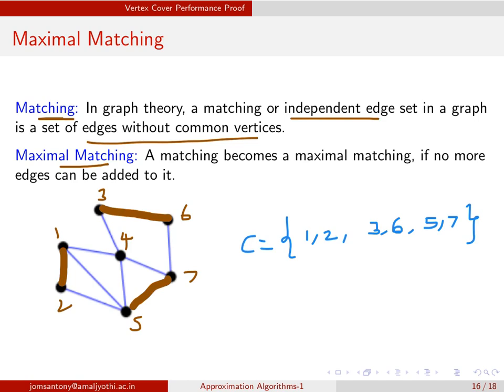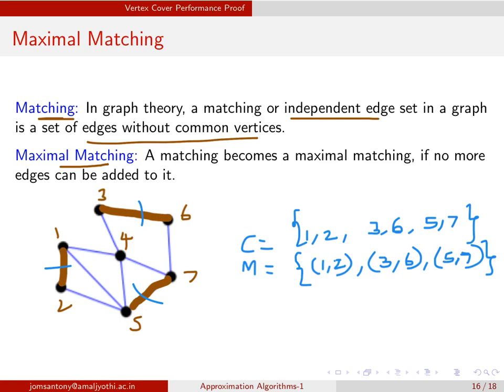Now it is evident that the edges chosen by our algorithm will always form a maximal matching. For example, the edges present in our solution set were 1, 2, 3, 6 and 5, 7. And these edges always form a maximal matching. So the maximal matching in this case is given by the set containing the edges 1, 2, 3, 6 and 5, 7 and is represented as shown.